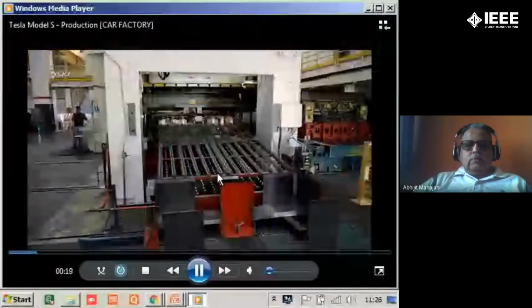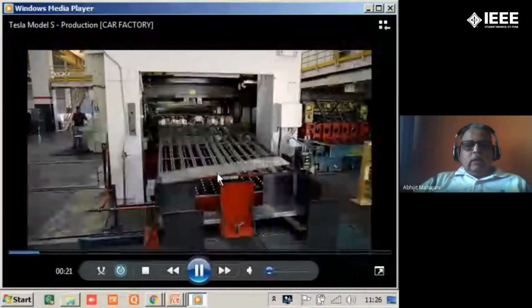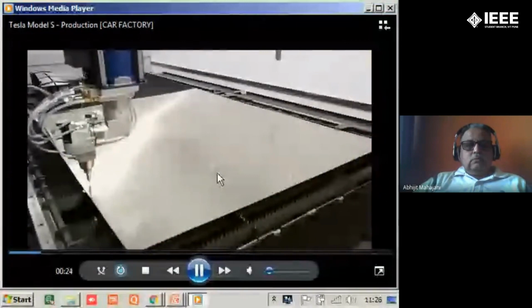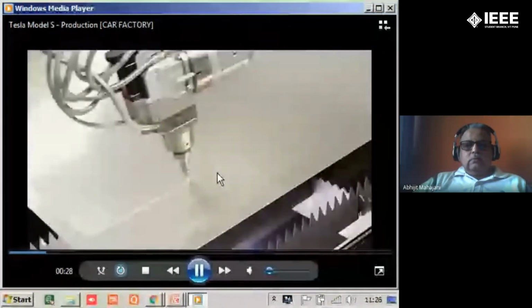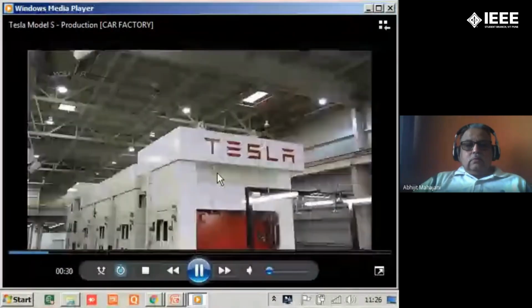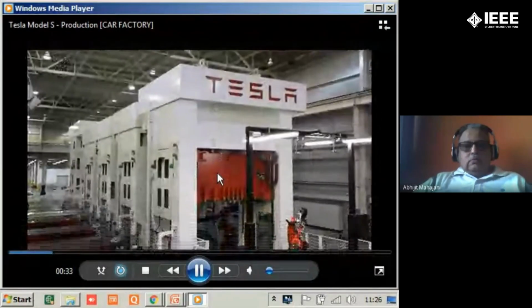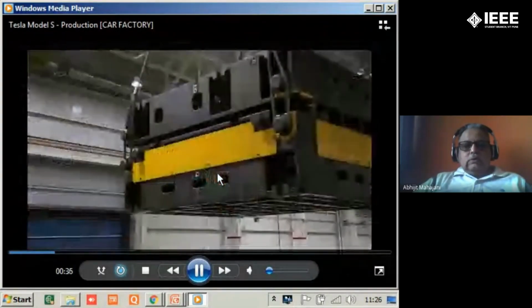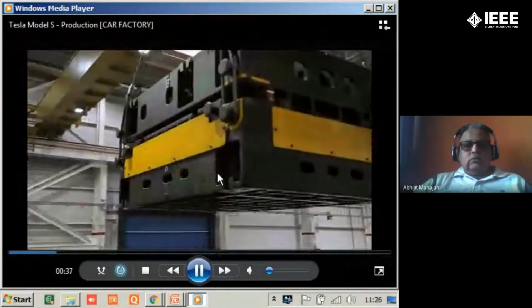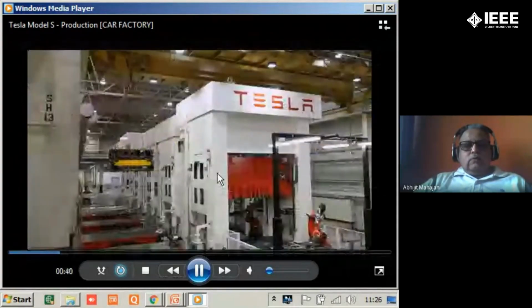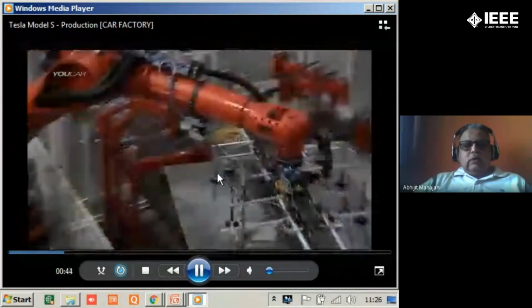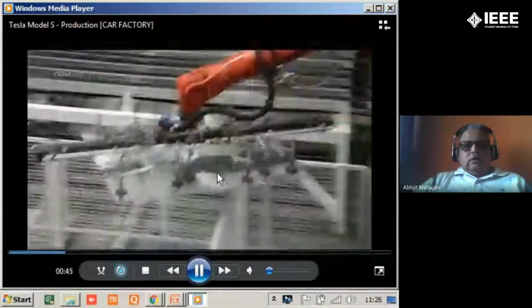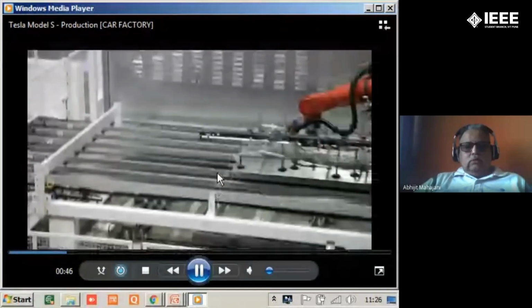This is a press shop where the blanking is done. You can see there are so many robots inside which do the transfer of components within presses. And this is changing of the die. Once the die is set, you will see no one here.